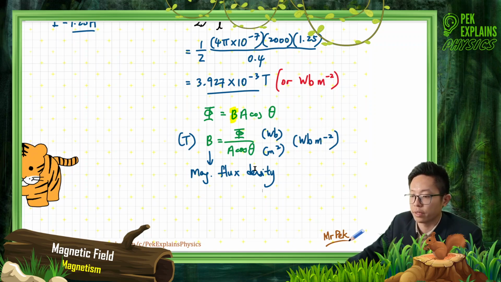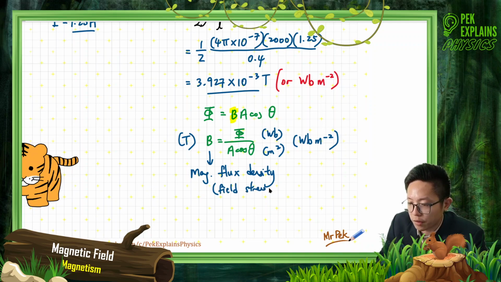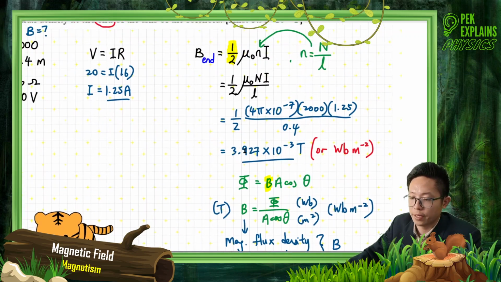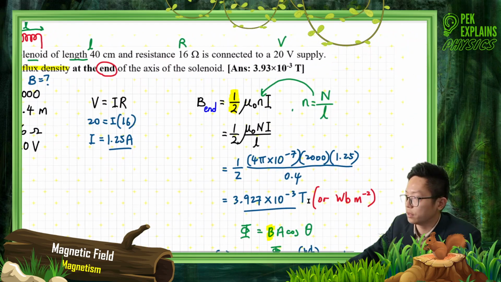Flux density, field strength, field intensity, they all refer to the same thing, magnetic field strength, which is B. So B has 2 units, Tesla or Weber per meter square. So that's the answer. Is it correct? Yes, it is correct. Okay, so see you in the next videos.